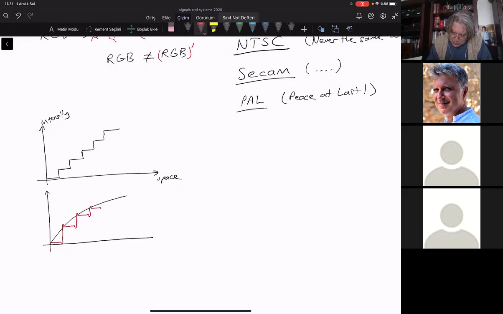I'm trying to draw some ripples along the transition places. Those ripples mean that the whiter stripe edge, which is neighboring the darker stripe, looks even brighter.